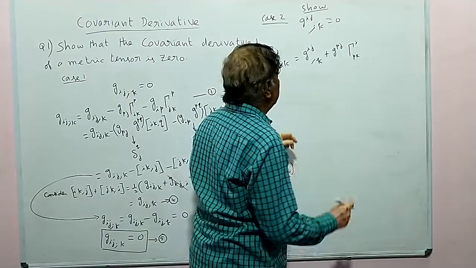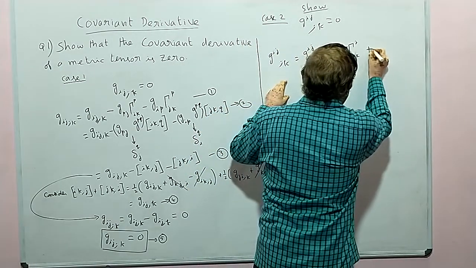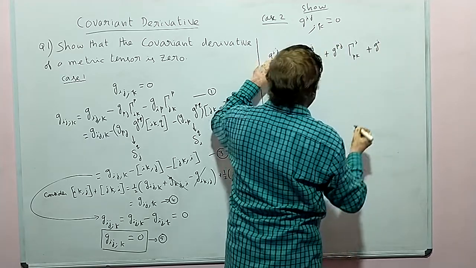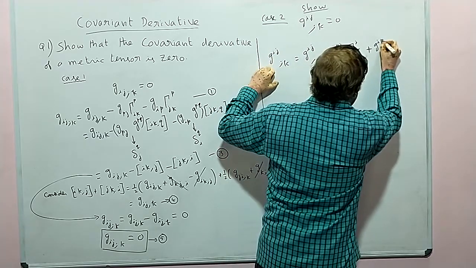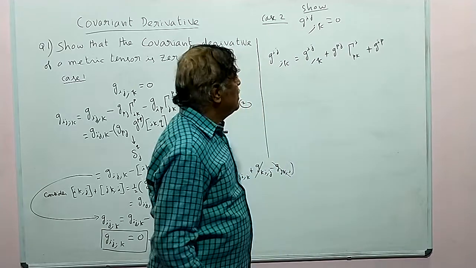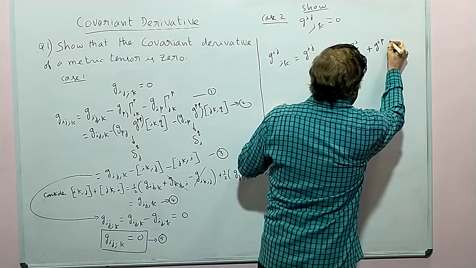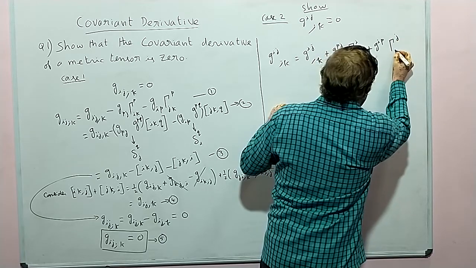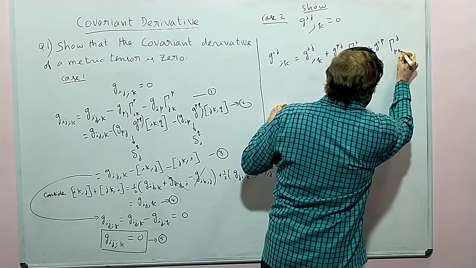This is a dummy index. The third term is g^{ip}, the first index kept, and the second index replaced by the dummy index p. So this is gamma with j and pk.